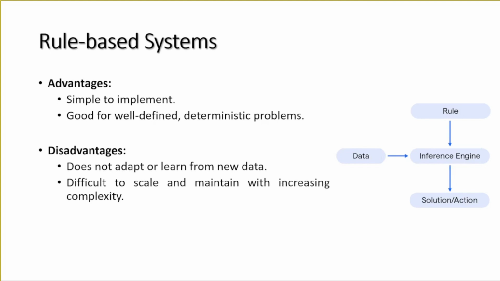Okay. So the advantages and disadvantages: it is simple to implement and good. But the most important thing about rule-based is what I mentioned early in the, what page is that? Hold on. Okay, page 4.